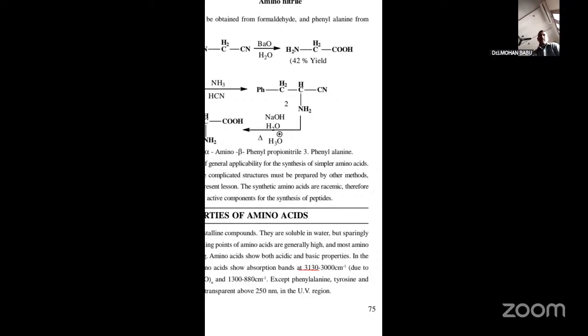The amino group is the functional group, and the characteristic absorption band is obtained at 3140 to 3000. So in the IR spectra it appears in the range of 3000 to 3130.